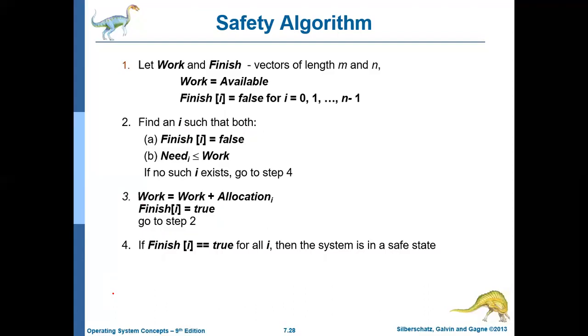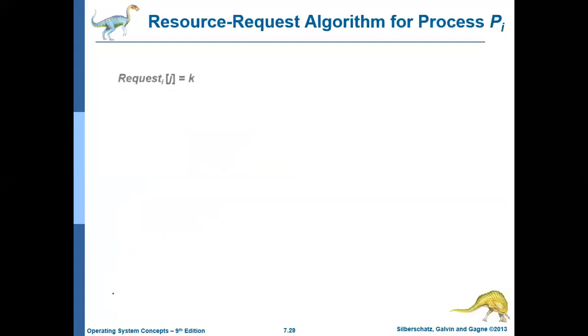Similarly, there is another algorithm called the resource request algorithm for the process Pi. In this algorithm, we use something called request I of j equal to k, which means that process I is requesting.